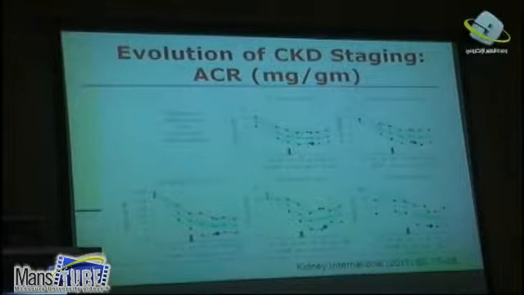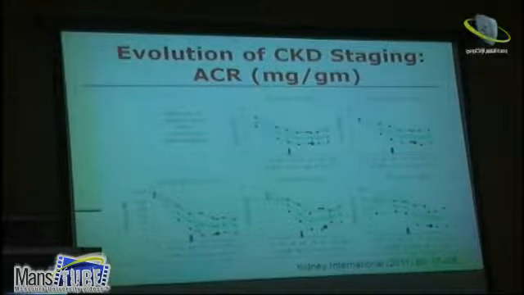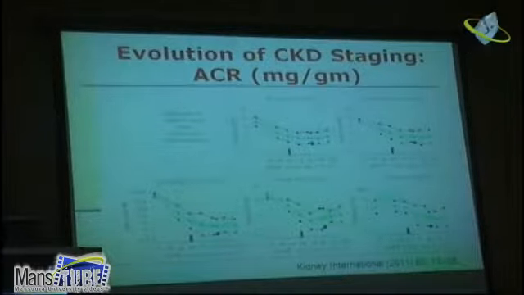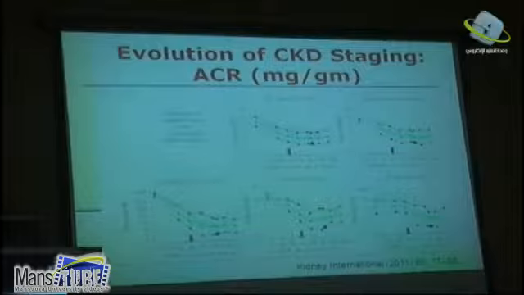The second point is related to the colors in the slide. Do you see there are three colors in the slide? The blue one, which is clear on the monitor, and this is a green area, and this is red. What are blue, green, and red in this slide? Blue denotes albumin creatinine ratio below 30 milligram per gram creatinine, the green between 30 and 300, and the red one above 300.